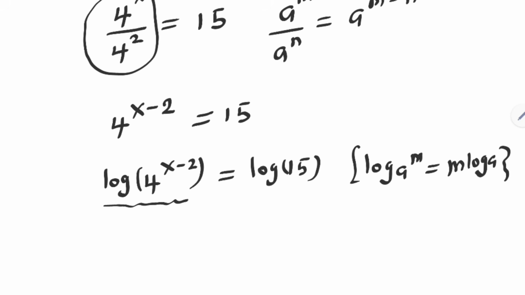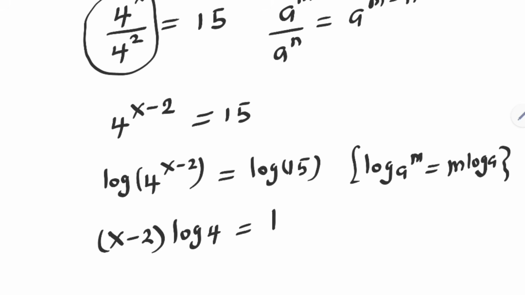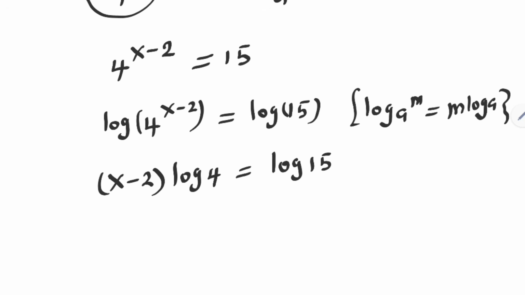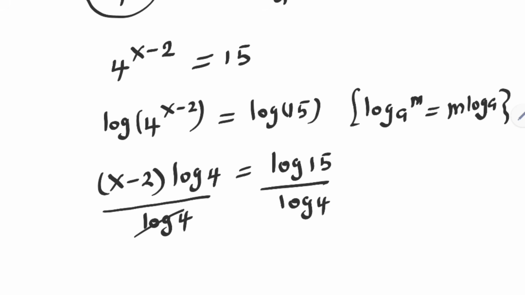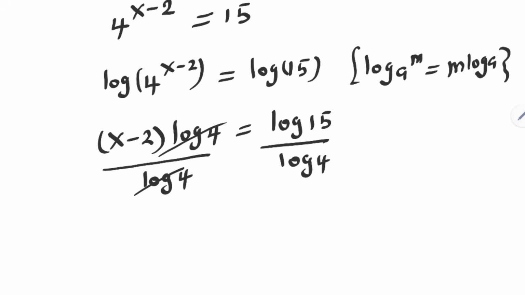And this can be written as x minus 2 log 4 is equal to log 15. Let us divide the whole of this equation by log 4. Log 4 cancels log 4 here.